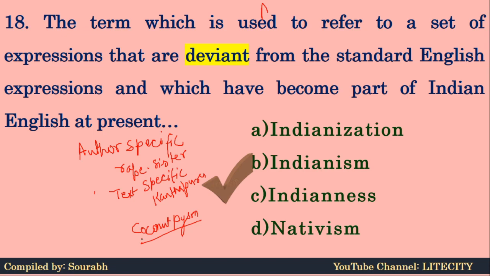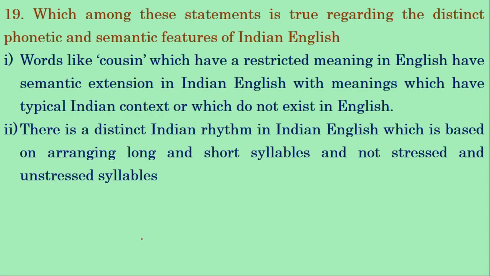So it is Indianism. Which among these statements is true regarding the distinct phonetic and semantic features of Indian English? Words like cousin, which have a restricted meaning in English, have semantic extension in Indian English with meanings which have a typical Indian context and which do not exist in English. So it is a semantic extension.